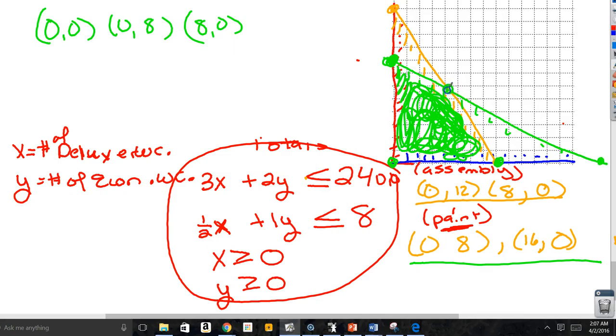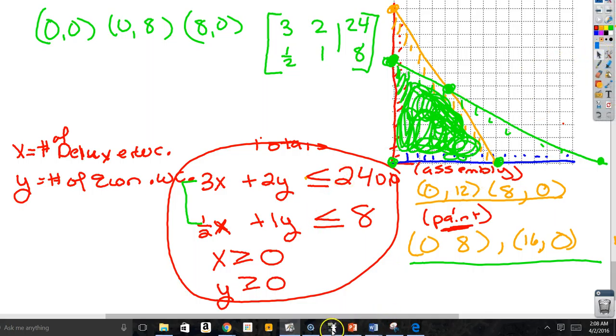And then we have this corner, which is the intersection of these two. So, unless you like to do substitution or elimination, the easiest way is to do the inverse matrix, or the RREF.